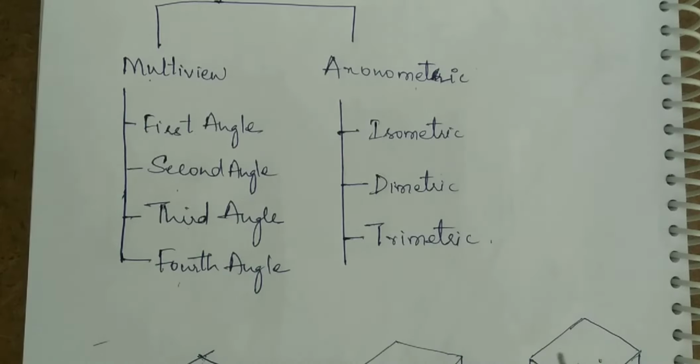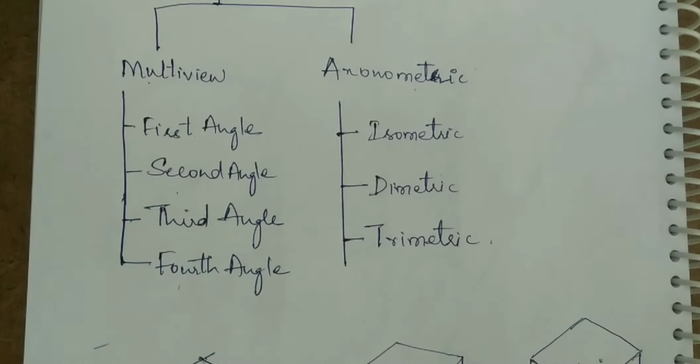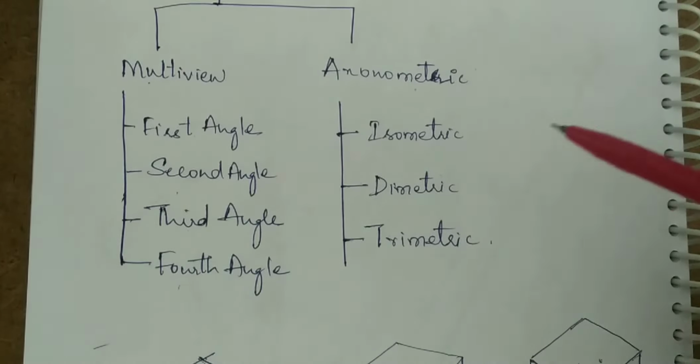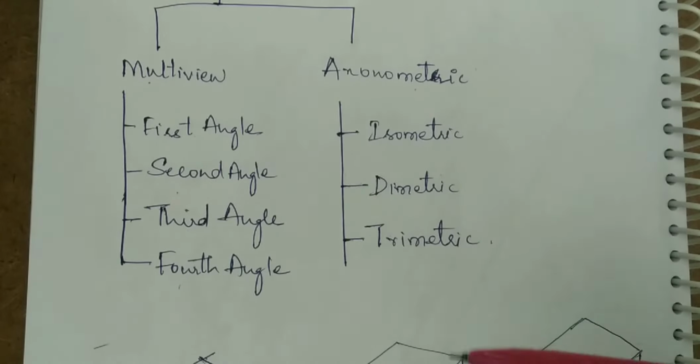The object is placed in such a position that three mutually perpendicular faces are visible from one single direction. Because an object can be placed in an unlimited number of positions relative to the axonometric plane, an infinite number of axonometric views can be drawn. For practical reasons, these can be broadly classified into three types: isometric, dimetric and trimetric.